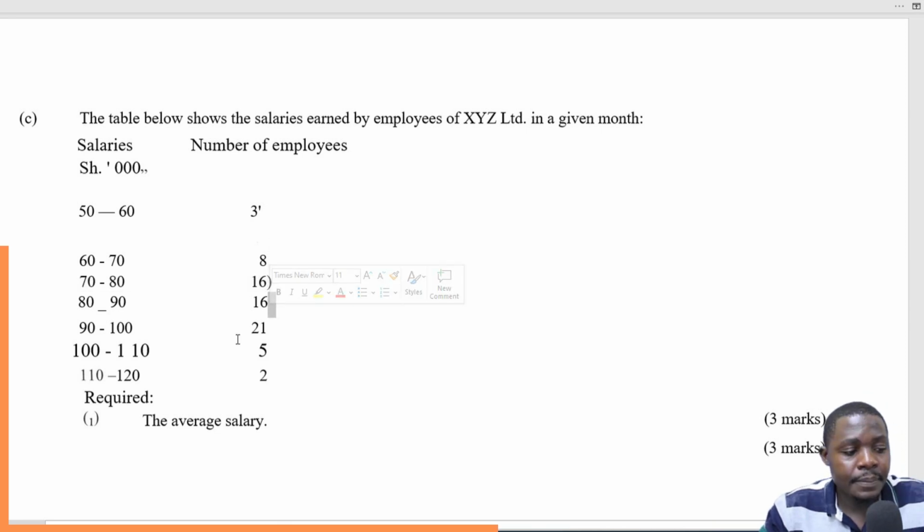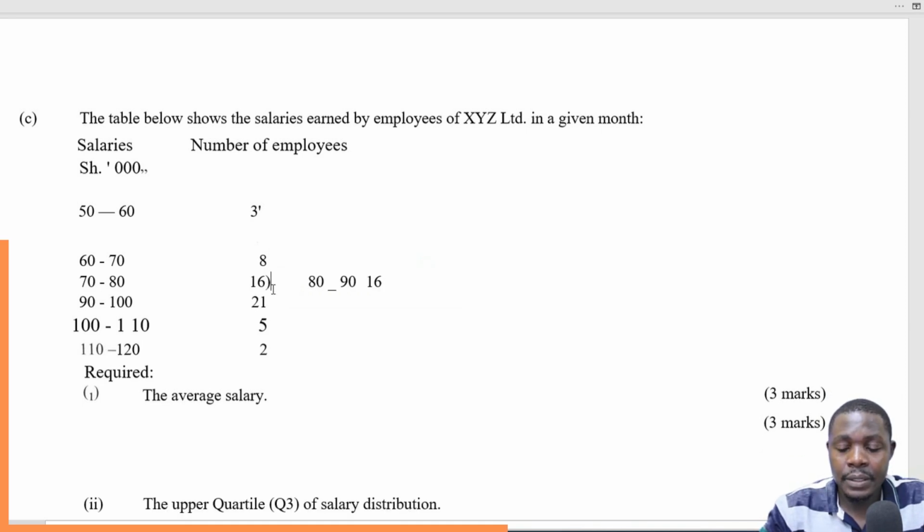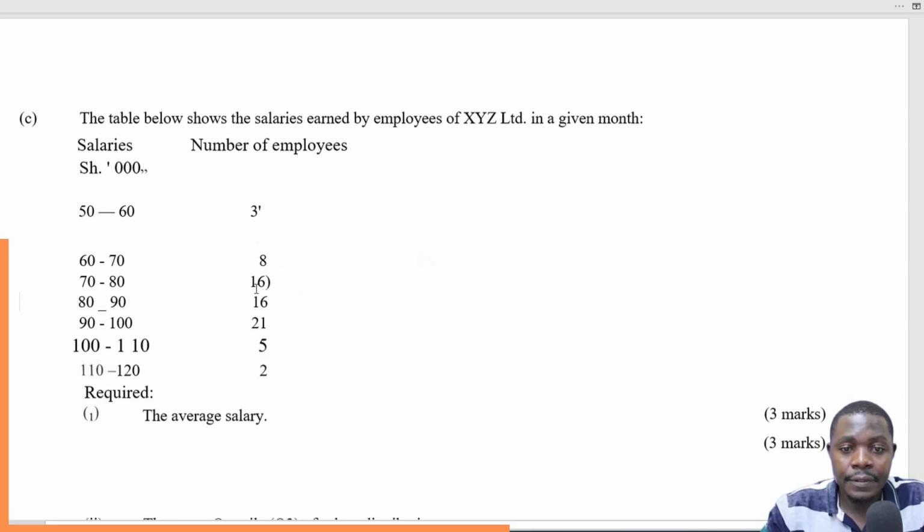And then, should be 10. Let me just correct this. 70 to 80, the correct figure there is 10. Then 80 to 90, 16.